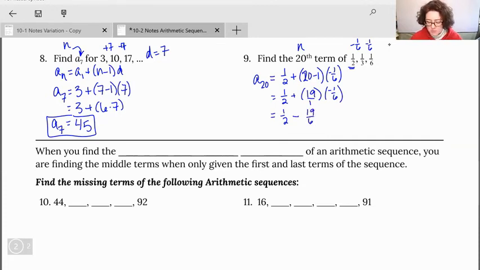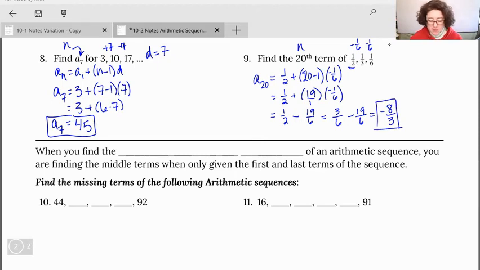And if I wanted to do this brute force, I need to turn my 1/2 into a fraction with a denominator of 6. So that's really 3/6 minus 19/6, and that all comes out to a negative 8/3 when I simplify that down. If you did this with decimals, you should be getting a negative 2.6 repeating.